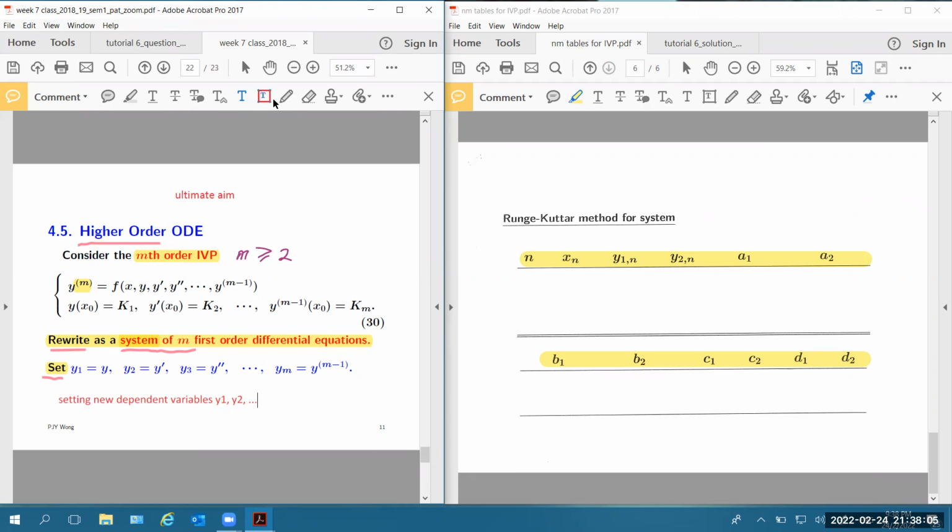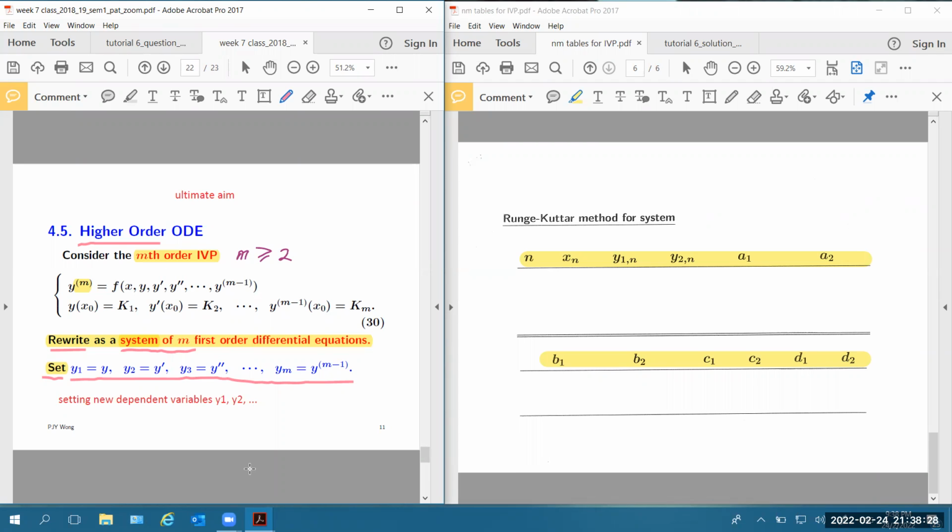How do we set? This is the standard way of setting. We let y1 be y, y2 be y prime, y3 be y double prime, and so on until you get ym. Of course, this m is the same m here. That's the (m-1)-th derivative of y.